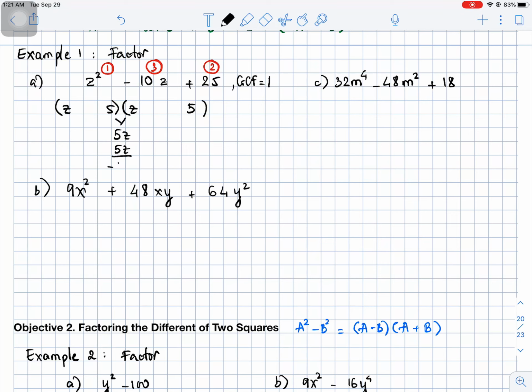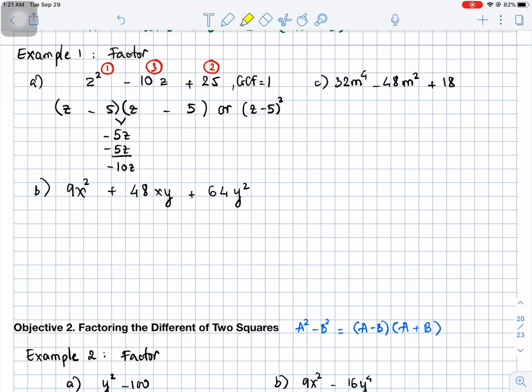Let's multiply inside, so you get 5z. Outside you get 5z. Write down step number 3, negative 10z. Then we should have minus 5 and minus 5. So you can write down your answer as z minus 5 squared.